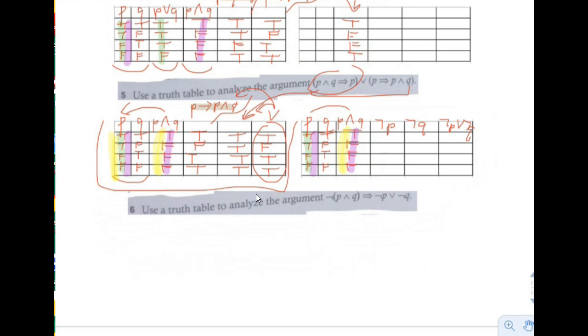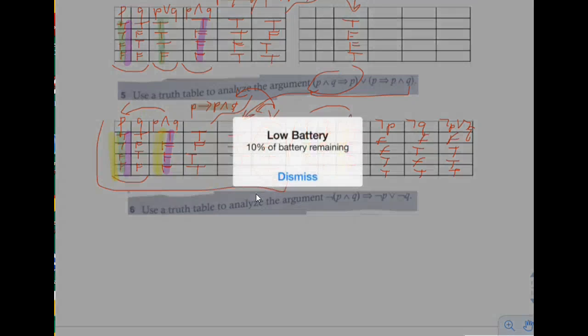We're going to have to erase that because it's in the way. So not P is basically false, false, true, true. Not Q is basically false, true, false, true. And not P or not Q is going to be, when we have any truths, we just make it true. So there's a true, there's a true, there's a true, and there is no true.